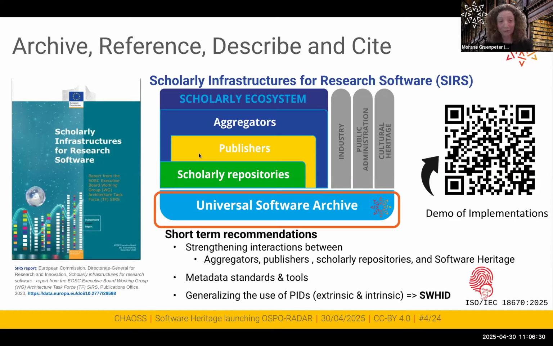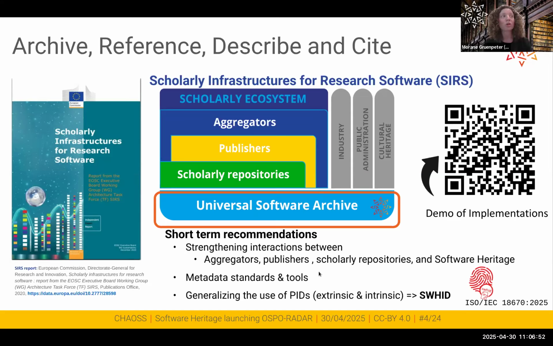And as you can see on the slide, the scholarly ecosystem is built with scholarly repositories, with publishers and aggregators, and we want everything to be connected to the universal source code archive, so Software Heritage, which is not catering only for academia, it's also for industry, public administration, and cultural heritage.